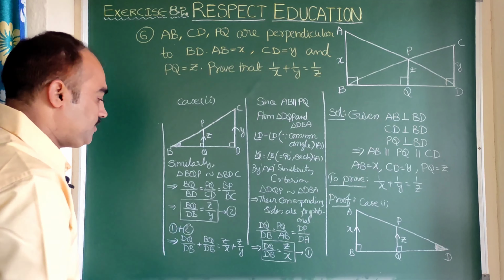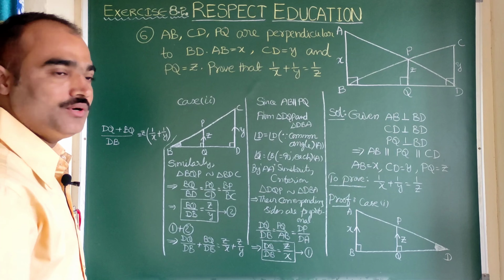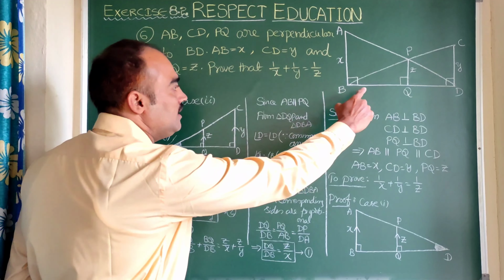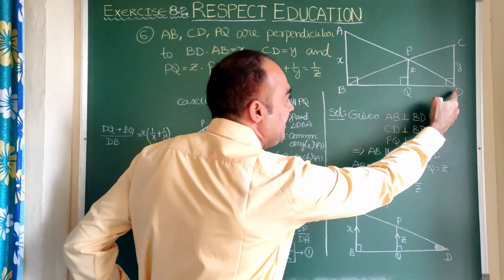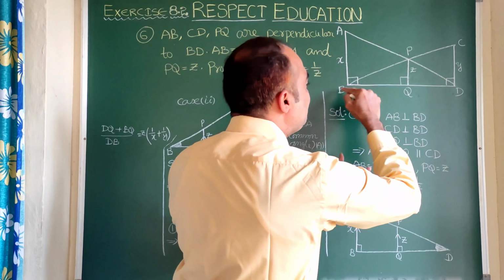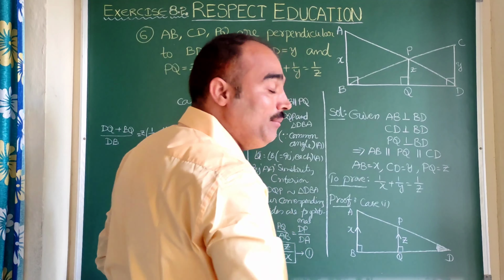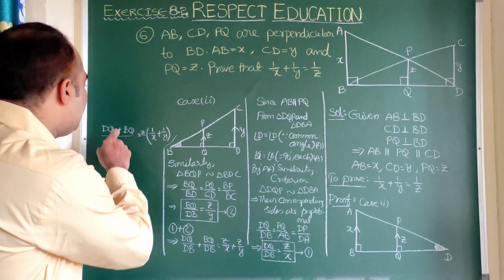So now here DQ plus BQ, let us go to the original figure. DQ plus BQ, once again I am saying DQ plus BQ becomes BD or DB. So here I am writing this as DB.